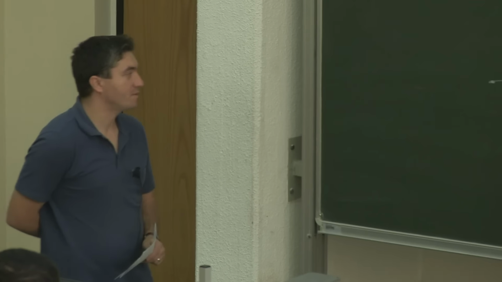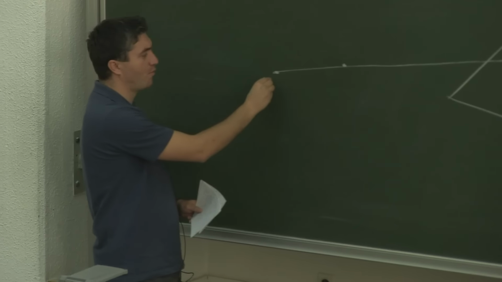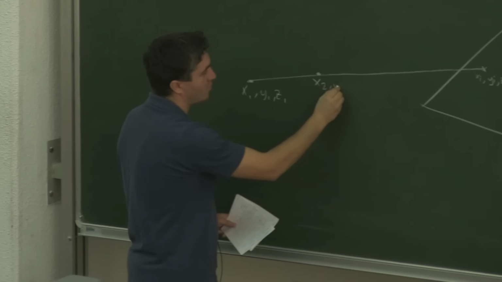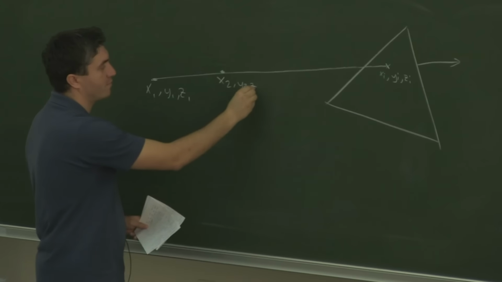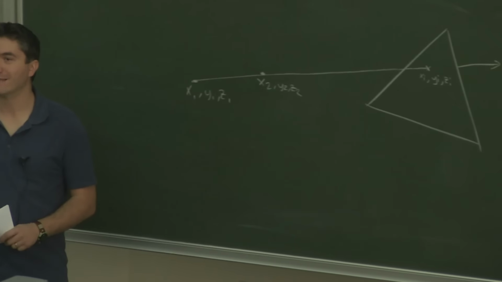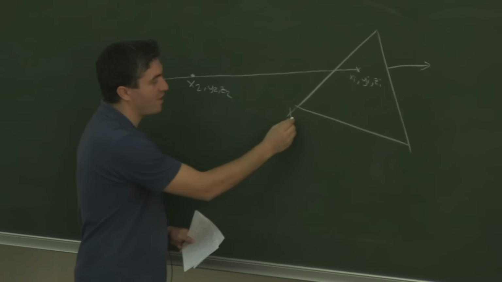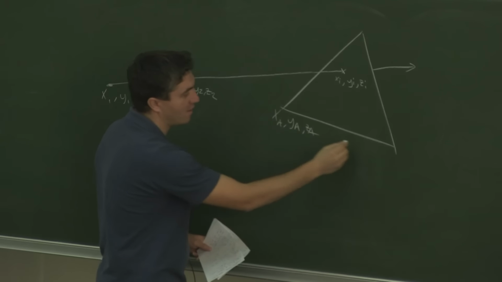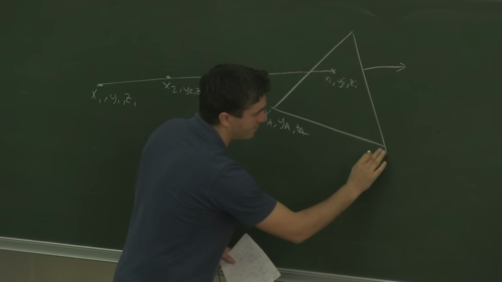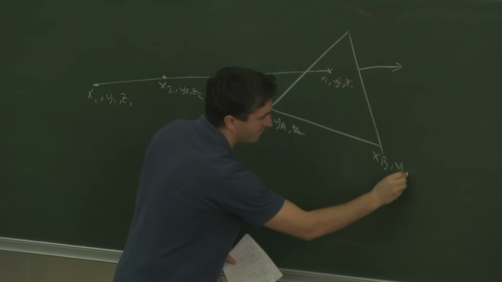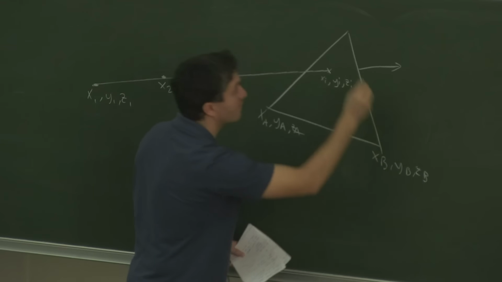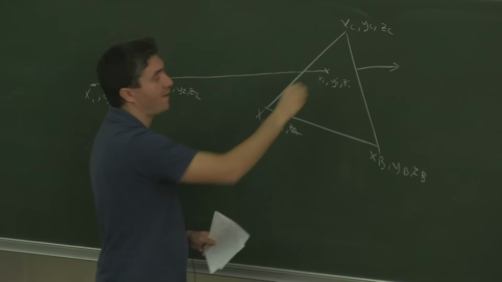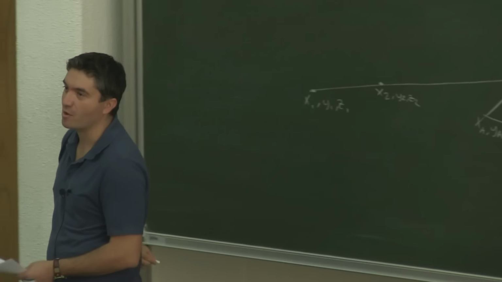So the problem becomes: given 2 points, x1, y1, z1, and x2, y2, z2, which define our line, and given 3 coordinates, which are the endpoints, vertices of our triangle, XA, YA, ZA, XB, YB, ZB, XC, YC, and ZC, find the intersection point xi, yi, zi.